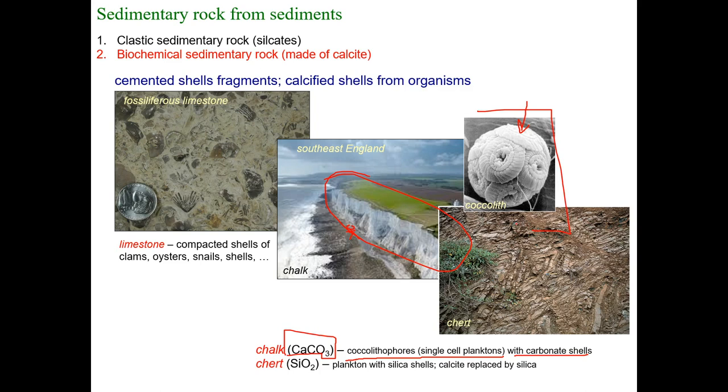Every year, maybe another millimeter builds up, right? And it might surprise you that if you build up a millimeter a year, in 1,000 years you have a meter. In 1,000,000 years, you have a kilometer. For 1,000,000 years, these things will just be living and dying, and you'll have a whole kilometer of sediment build up after a while.